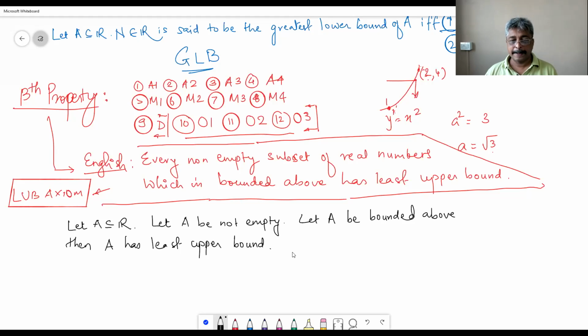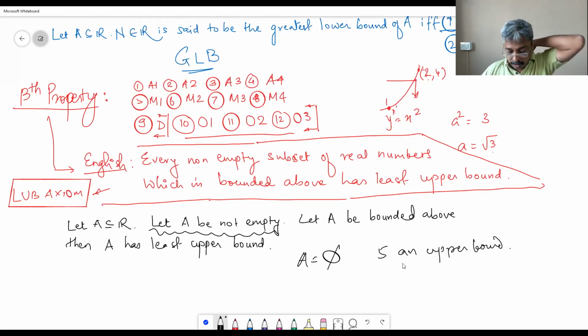Okay. So now this is important, the non-emptiness of the set, because if I have a set A which is empty, what is the upper bound of this set? Is 5 an upper bound of this set?